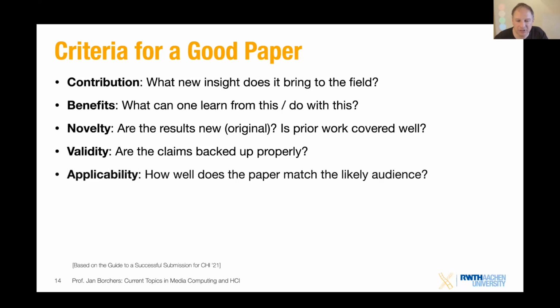Like Barry's paper on the trouble with GPS in the car, right? That would be a good example. That's not a good match for the UIST conference because it's not a technical contribution paper. The contribution type is different, right? So applicability has a bit to do, not only, but a bit to do with the contribution type of the paper, whether that is a good match for the audience at the conference that you are addressing.